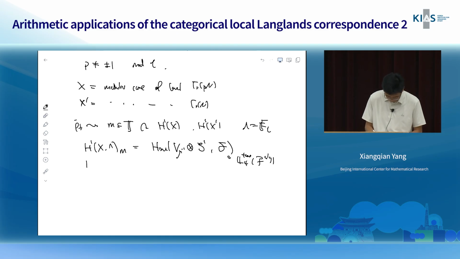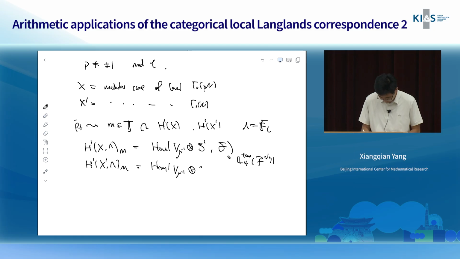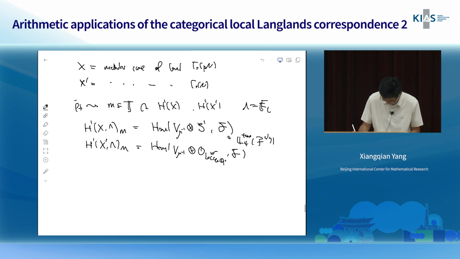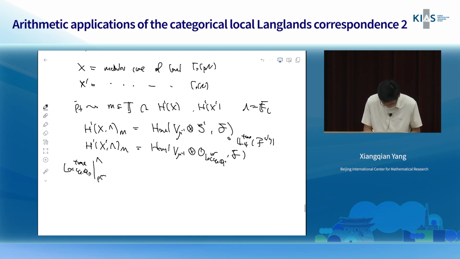And another one is given by Hom from V_mu inverse tensor with the structure sheaf on the ramified locus, with F. And okay, again we need to draw this picture. So log tame, maybe tame Q_p, localized at m. So localized at this particular parameter where Frobenius is p^{-1} or maybe p.